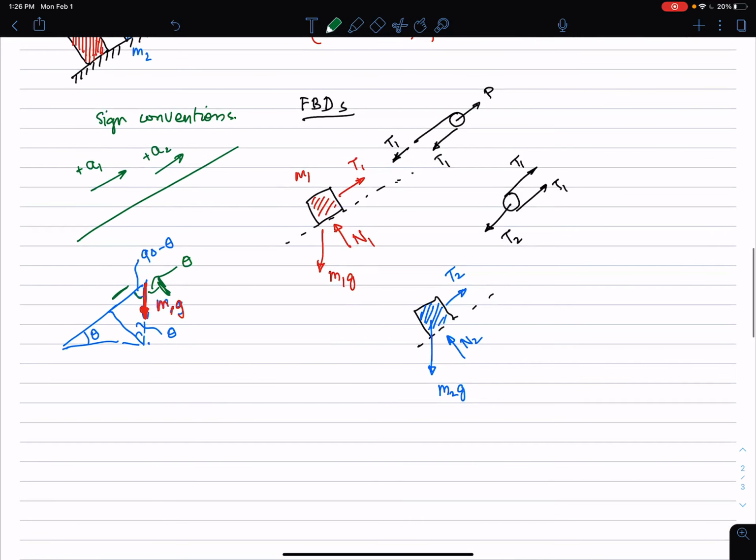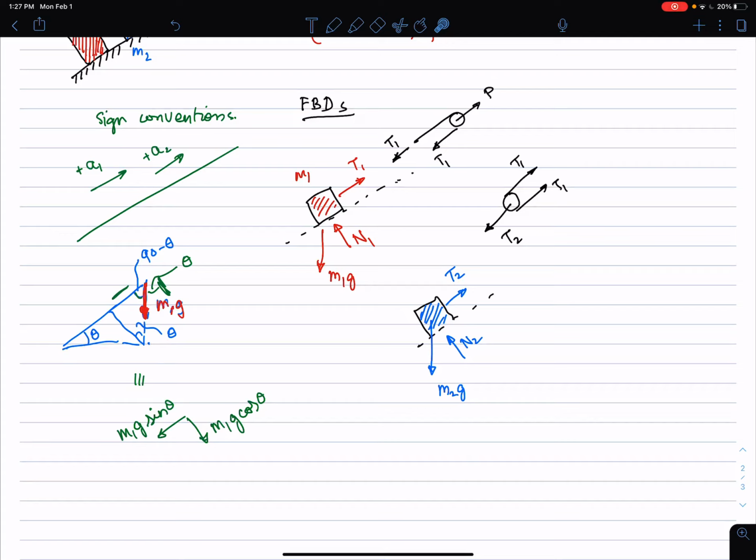So this is equivalent to m1g sine theta and m1g cosine theta. Basically, perpendicular to the slope we have m1g cosine theta, and parallel to the slope we have m1g sine theta. This is something you can remember, where theta is the angle of the slope relative to the horizontal, okay?